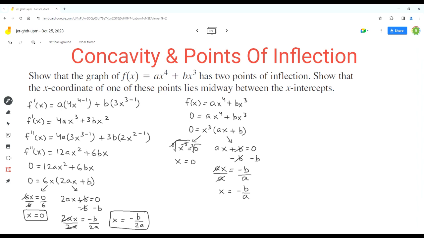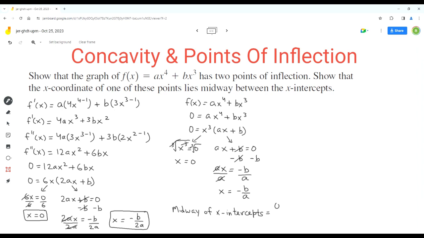Now we have to show that one of the inflection points lies midway between the x-intercepts. So the next step is to find the midway of the x-intercepts we just found. And for that, we should add these two x-intercepts and divide the result by 2.